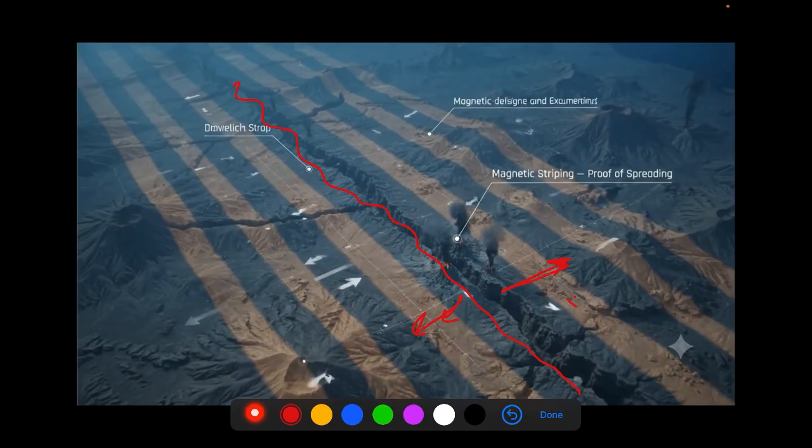If this strip is at 100 kilometer distance and this is also at 100 kilometer distance, these will have equal distances. We'll study this in much more detail, but why this happens is because every time the lava comes up, it tends to move the present rocks at the border at equal distancing, and that is why these have similar properties and similar constituents, right?